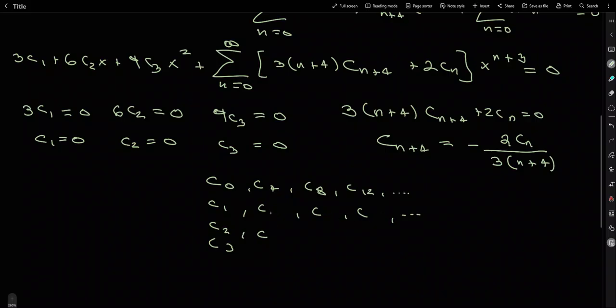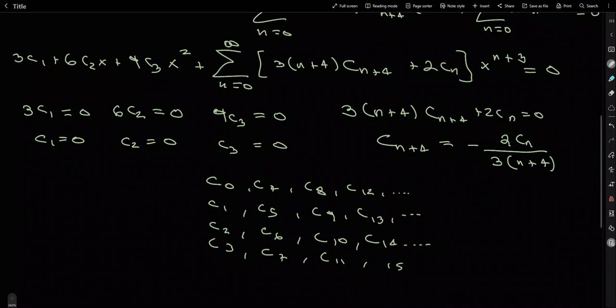This is supposed to be c sub 5 and 9 and 13. Okay, my bad. And then this is going to be 2 plus 4, that equals c sub 6, c sub 10, and c sub 14, plus infinitely many more. Lastly, for c sub 3, we're going to have c sub 3 plus 4 equals c sub 7, c sub 11, c sub 15.